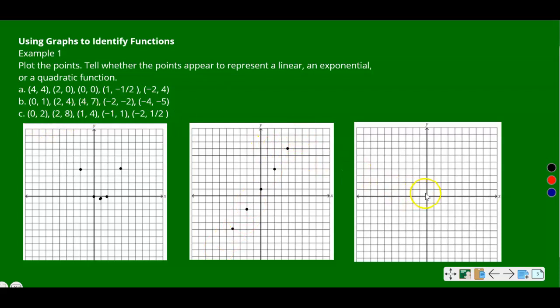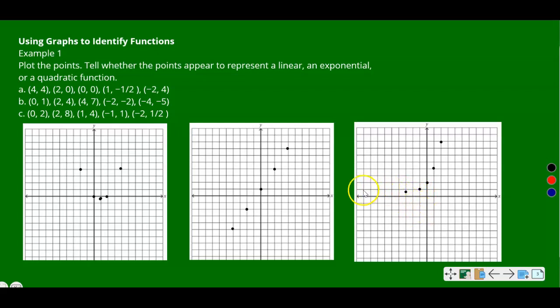C part, 0, 2, 2, 8, I've got 1, 4, and I've got negative 1, 1, and I've got negative 2 and 1/2.